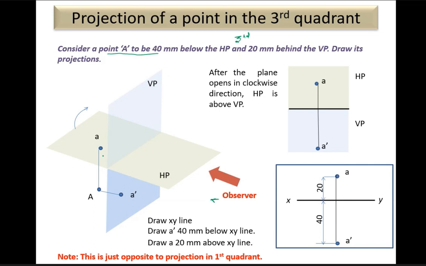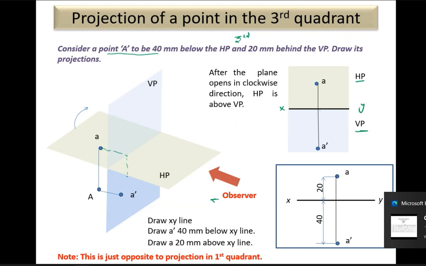So in the third quadrant, what will happen? HP will be above VP, right? This is our XY line. We know the point is 40 mm below HP, so if you project it like this, this is 40 mm, and above it we'll get HP.